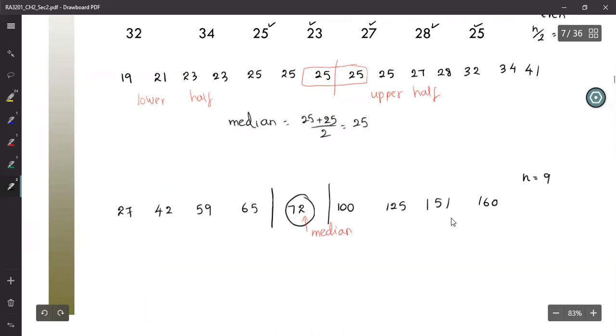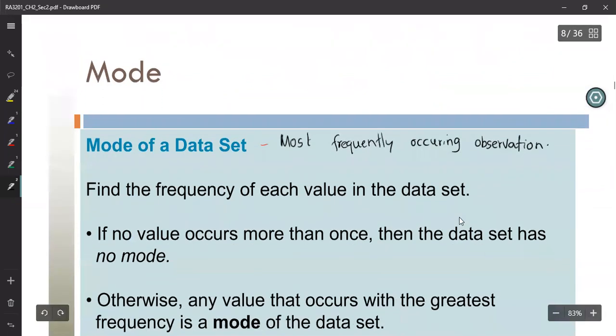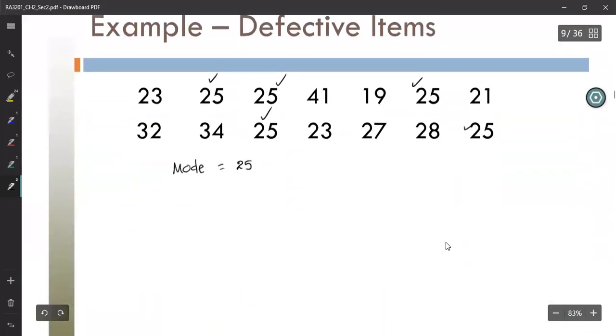You don't see any repetitions, so you end up with no specific mode. So you see that mode is not unique. You cannot say there's only one mode for a data set, because you may end up with none, one, two, or many.